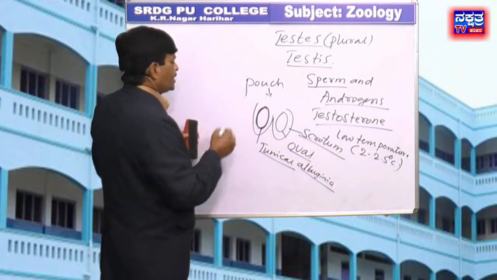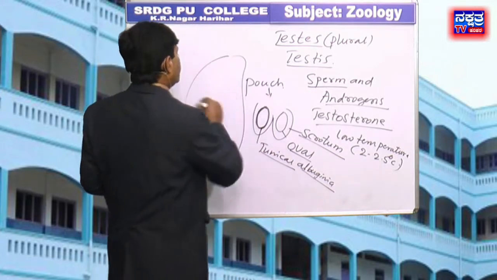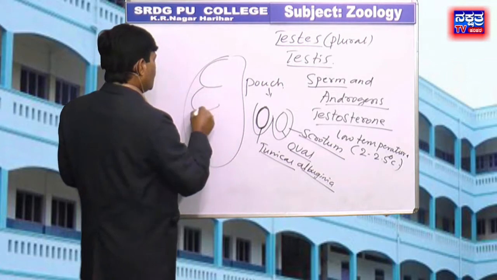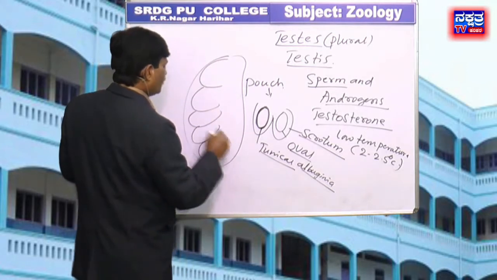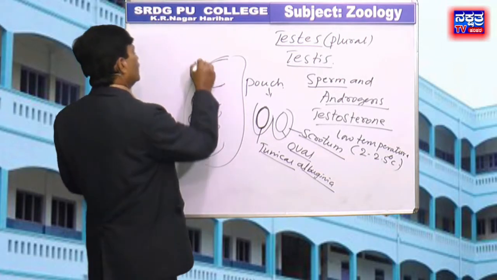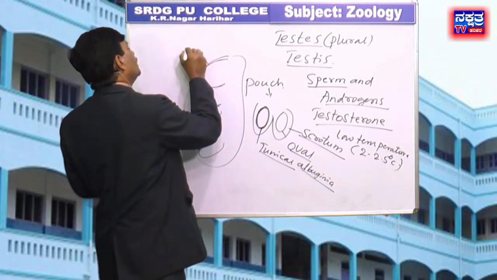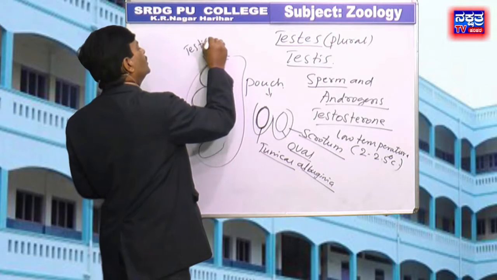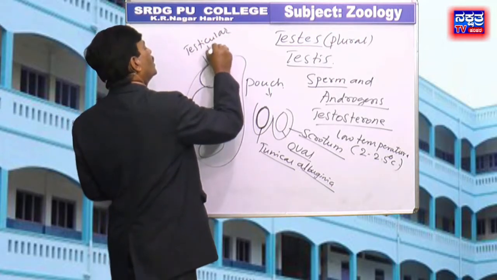Next, each testis is composed of the lobules. These lobules are called testicular lobules.